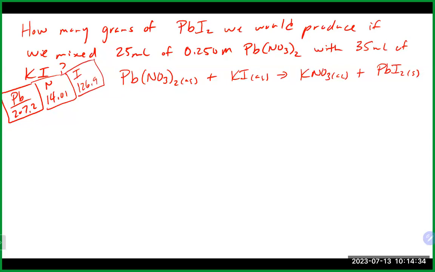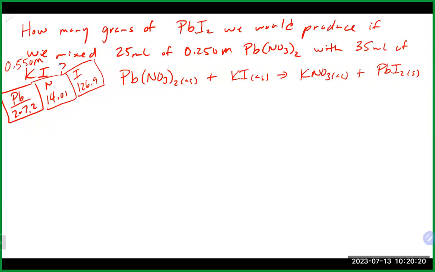So I think that might be all you need, actually. You might not even need all of that. And I probably should give you a molarity here on the second one. So let's go with 0.55 molar on that one.